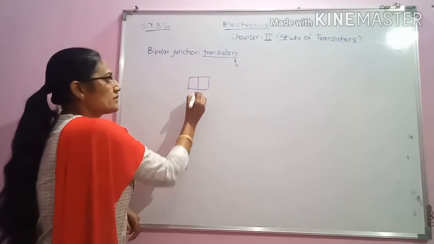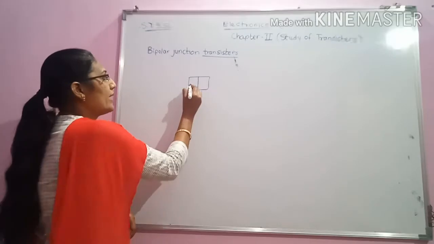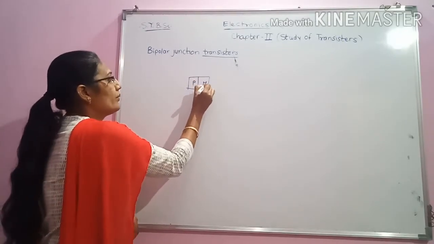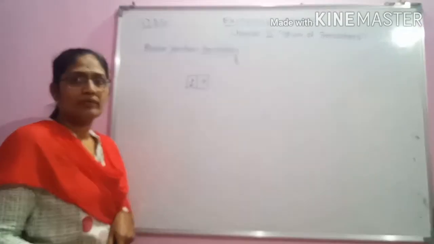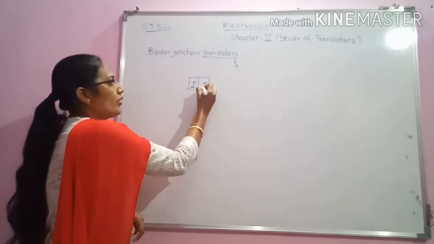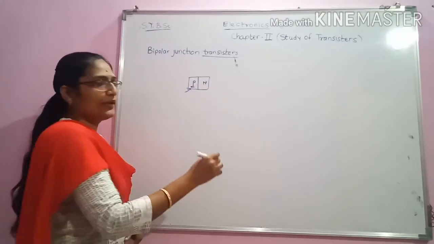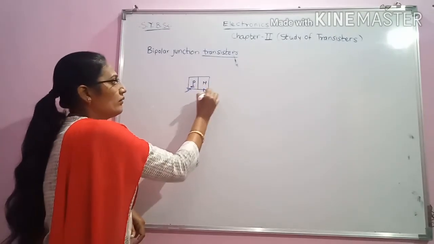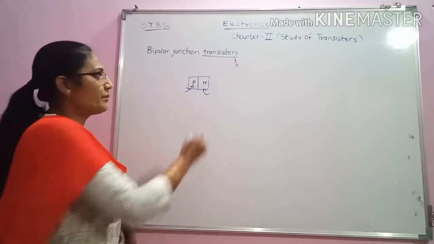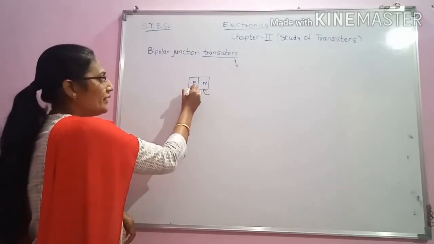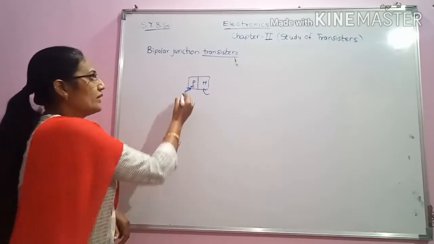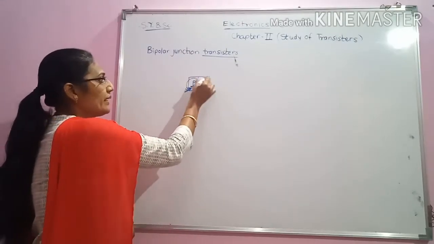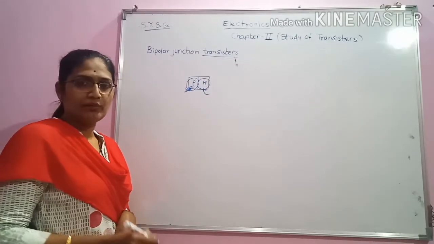Suppose we take a semiconducting material and dope it by adding a pentavalent impurity and a trivalent impurity; then they will give rise to P-type and N-type semiconducting materials.